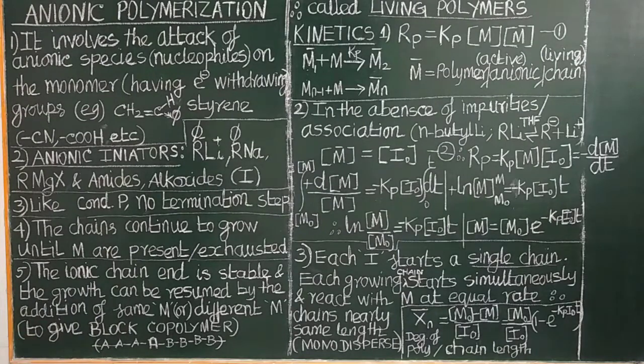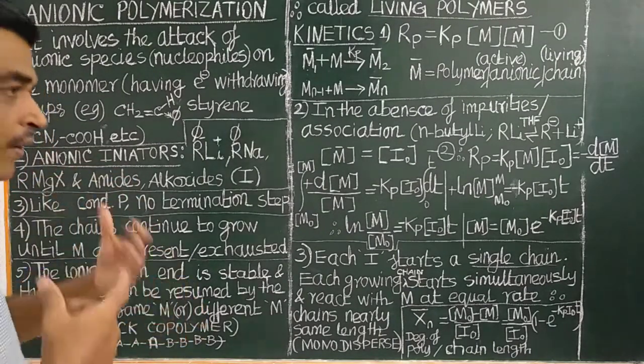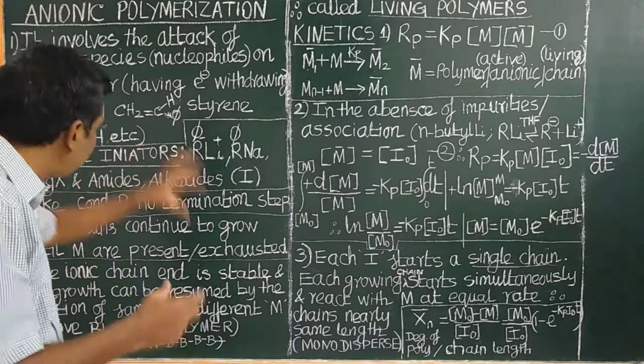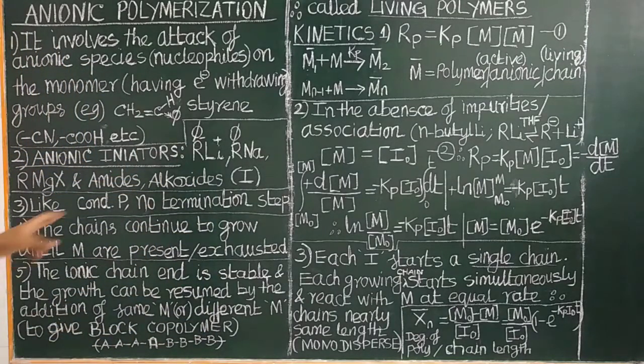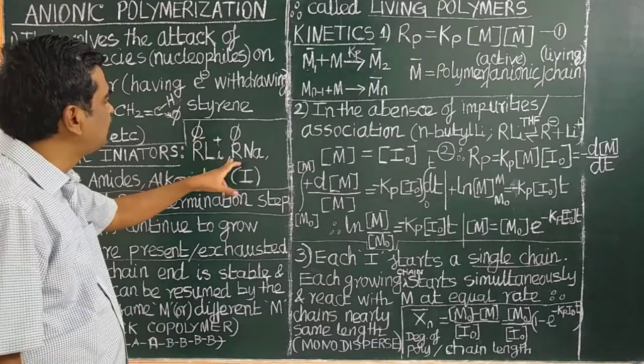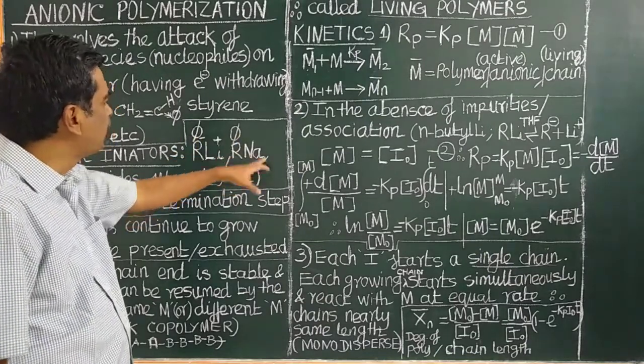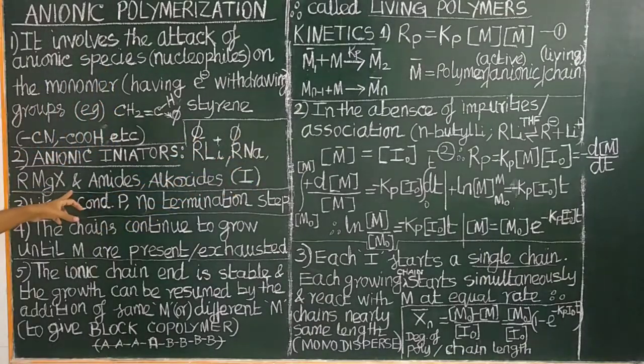It is very similar to free radical initiators and cationic initiators. There are anionic initiators, for example, alkyl lithium, aryl lithium, alkyl sodium, aryl sodium, and Grignard reagents.